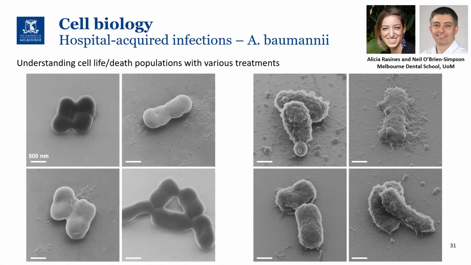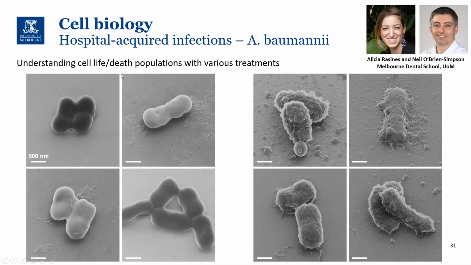Some drug-resistant bacterial infections. These are typically hospital-acquired infections now. These are Baumannii cells, bacterial cells. These are an almost spherical but rod-shaped bacterial cell. And what these researchers are doing, and particularly the group from Neil O'Brien-Simpson, we're looking at cell life and death here. So they're creating different treatments and different surfaces to see whether these bacterial cells survive on these surfaces.